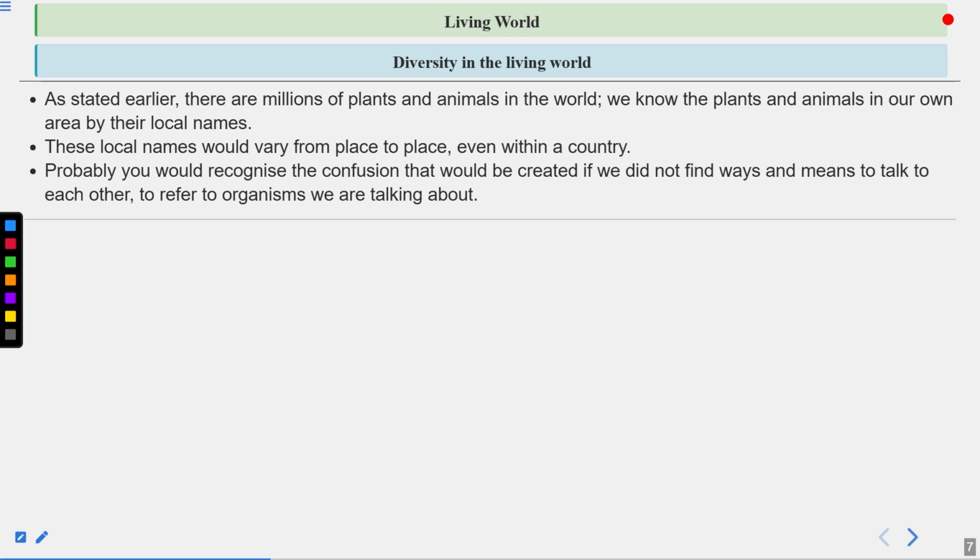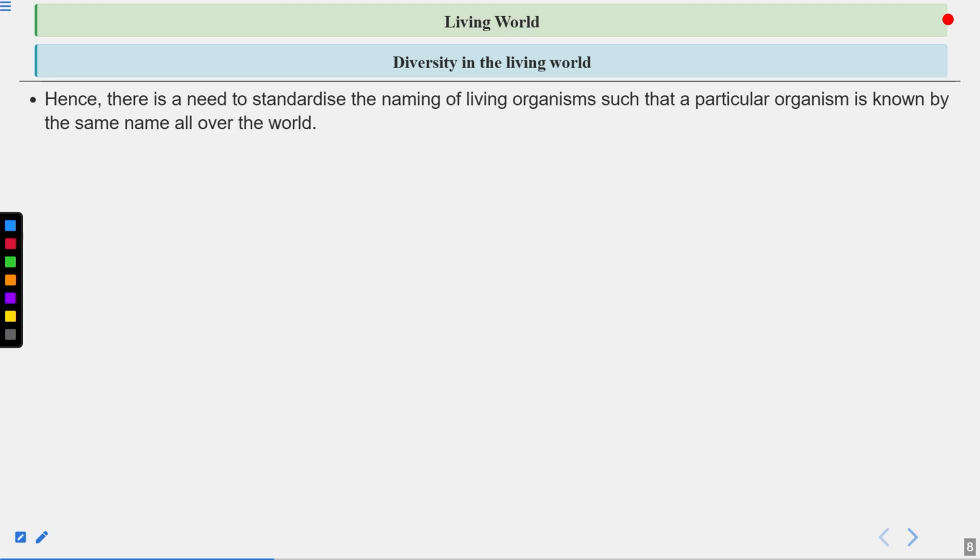How can this be solved? Hence, there is a need to standardize the naming of living organisms such that a particular organism is known by the same name all over the world.